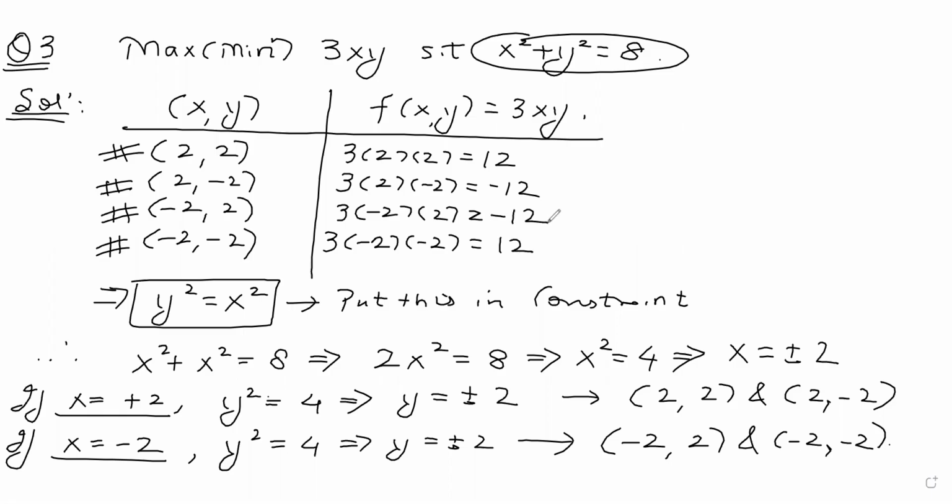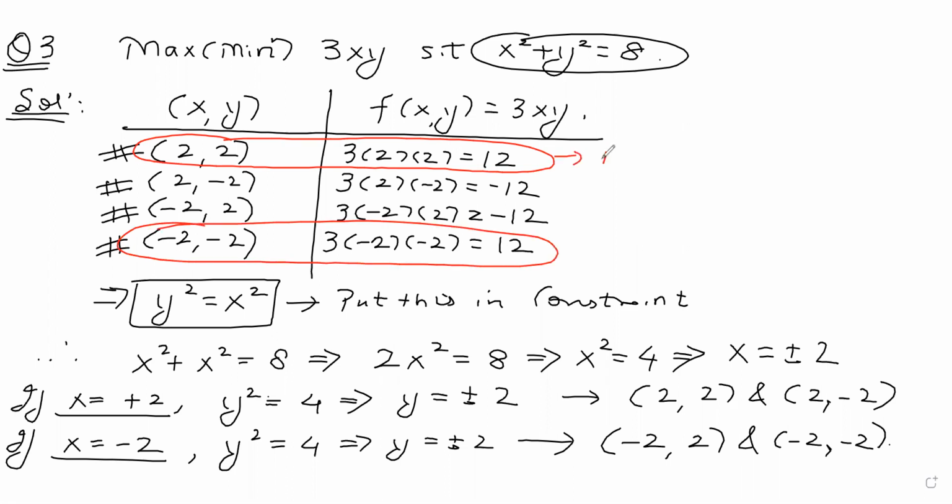Clearly, all students can see that the function has a maxima at 2 comma 2 and minus 2 comma minus 2. This is my maximum value. So clearly the maximum value of the function is 12, which occurs at 2 comma 2 and minus 2 comma minus 2.